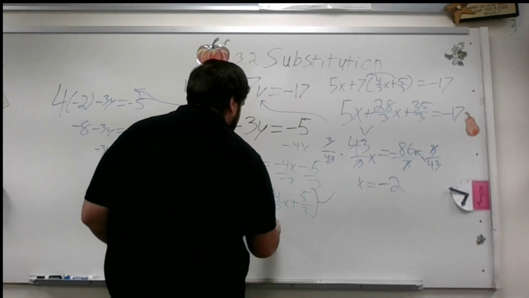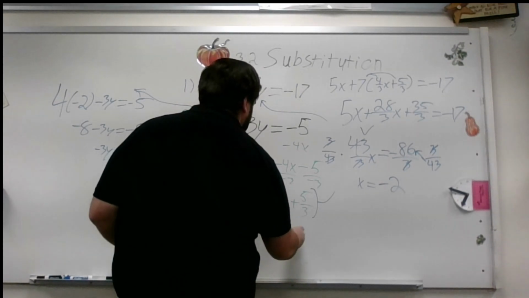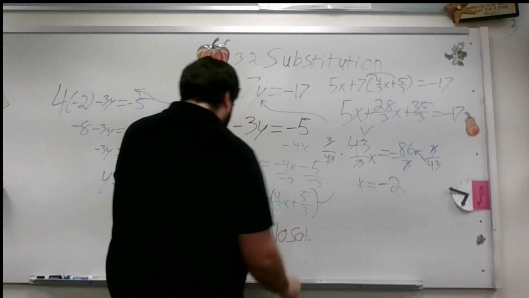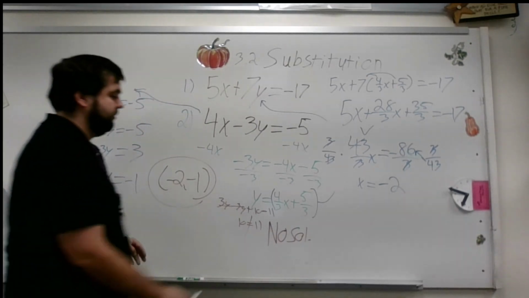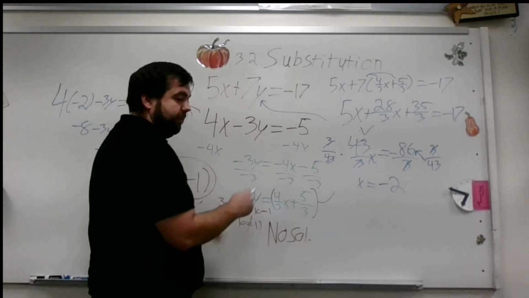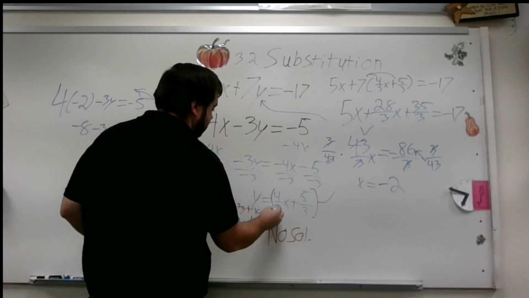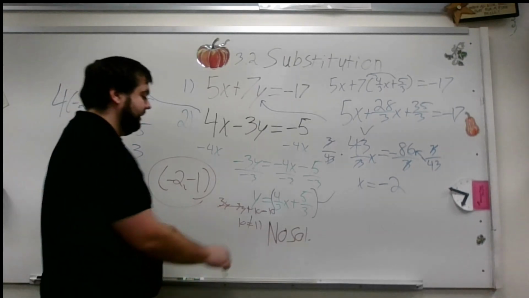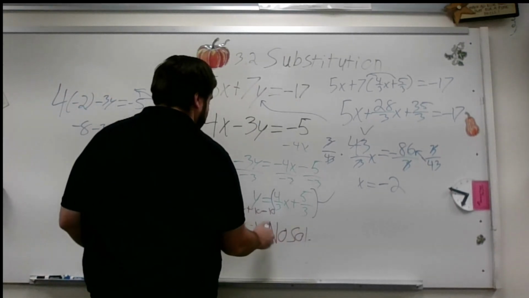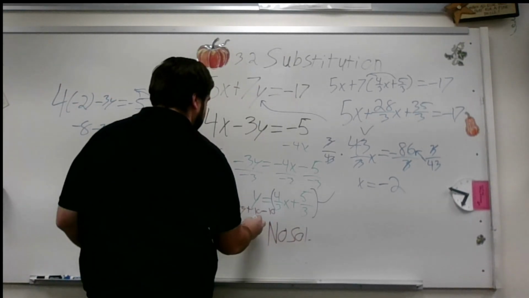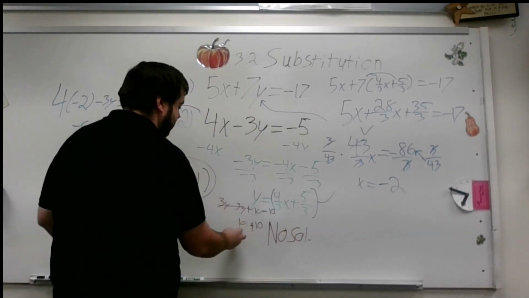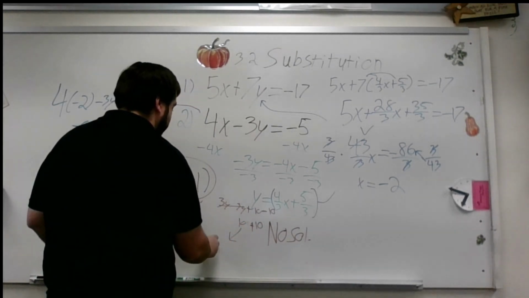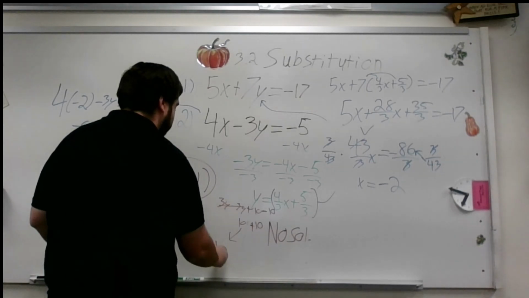So it would be no solution. But say it would have been true. Say, somehow I plug in, I get 10 equals 10. Then that is true. 10 does equal 10. That's going to give you all real numbers.